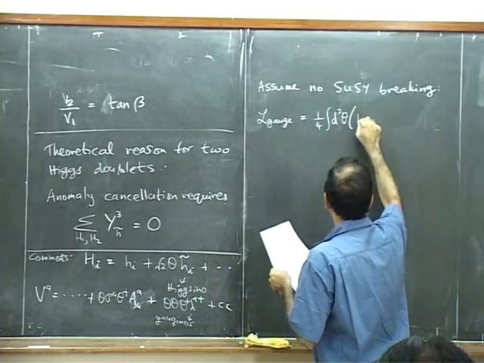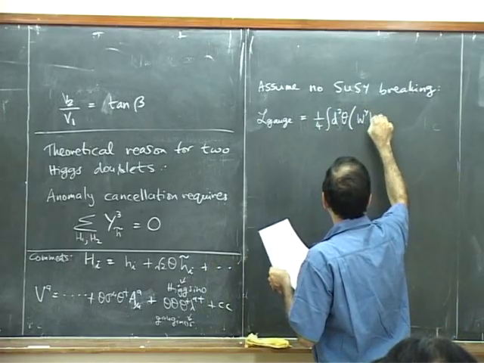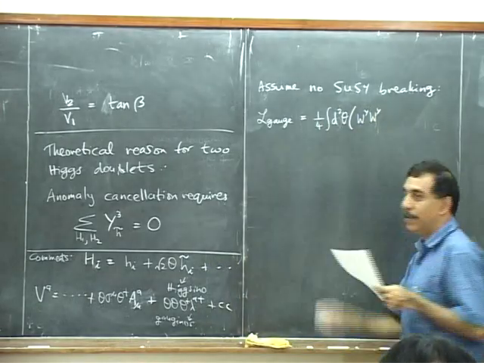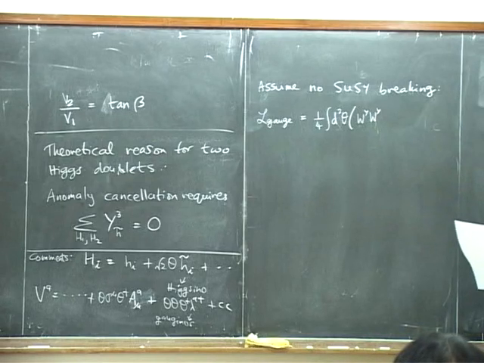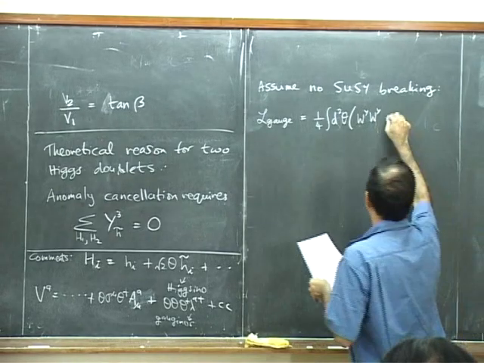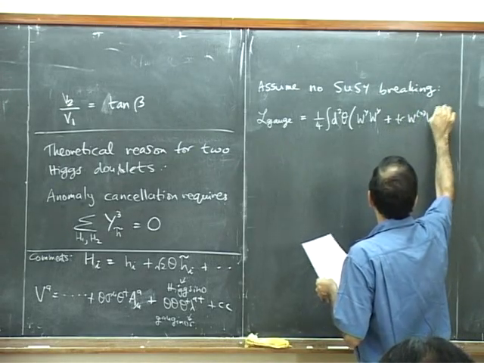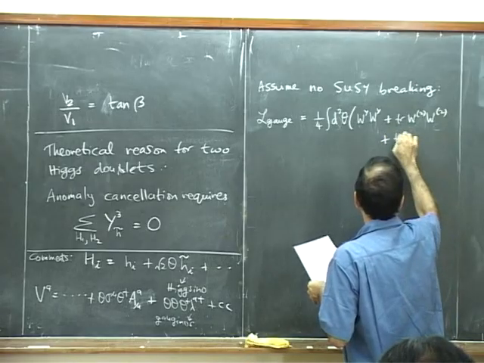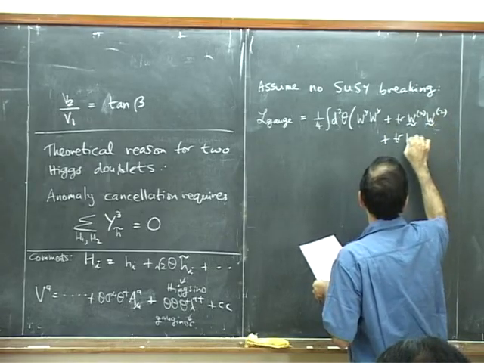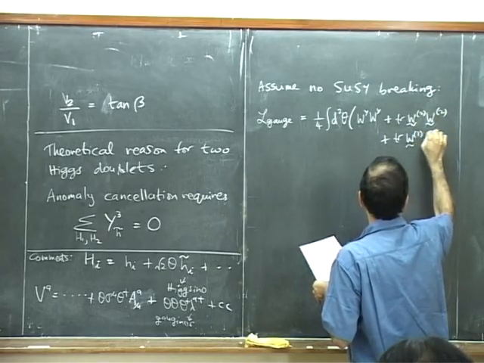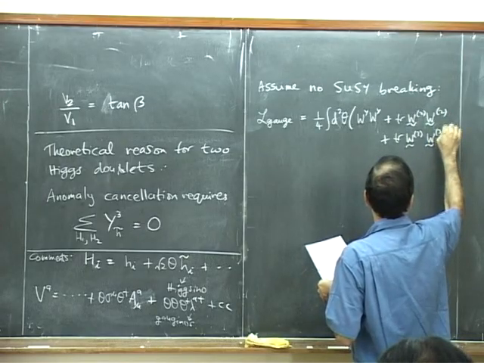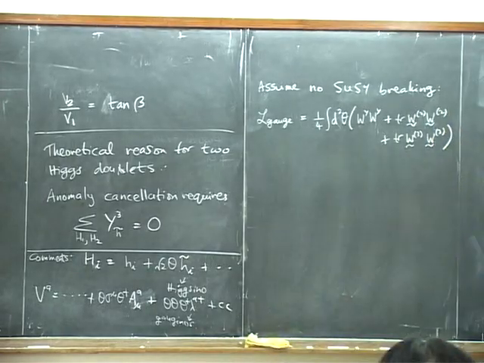It's going to be W. W has a spinor index which is not going to be explicitly displayed, plus W2. I put this thing below to indicate matrix valued.